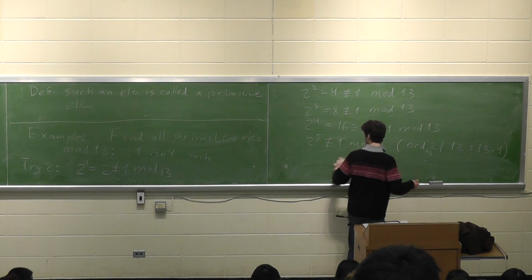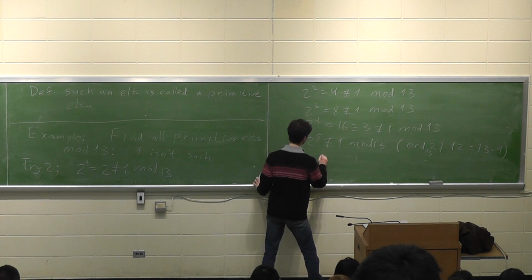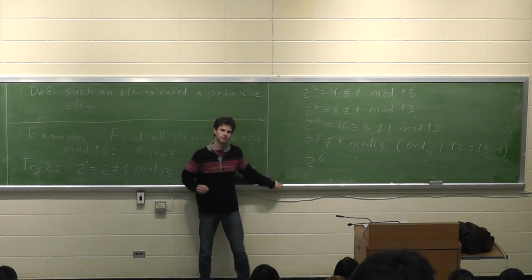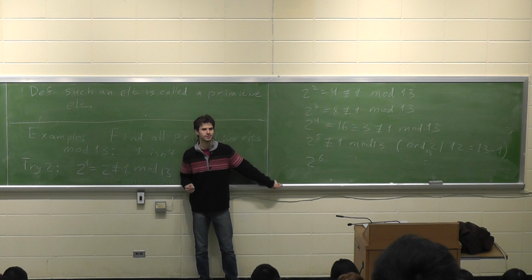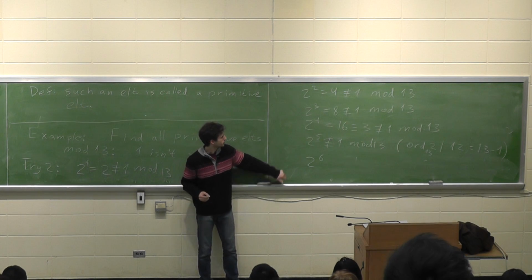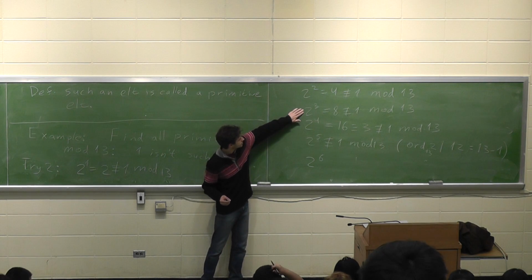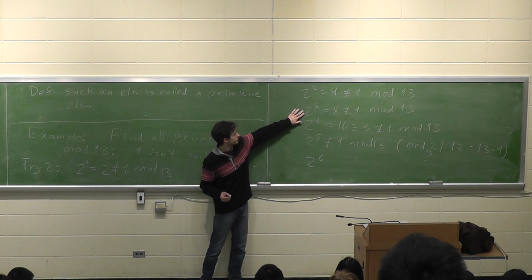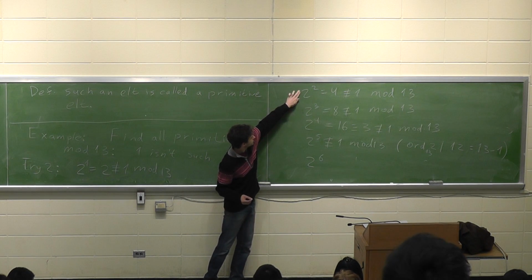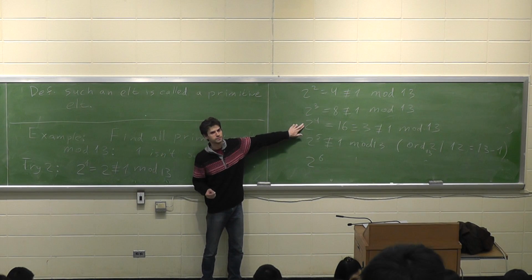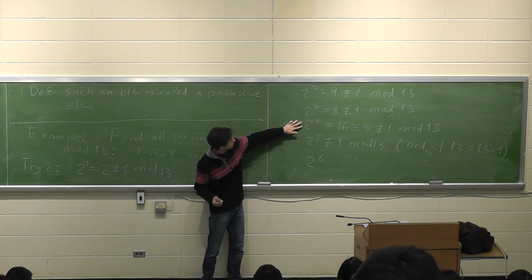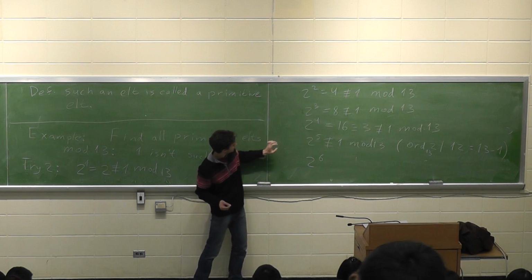Well, 6, we should check. 2 to the power 6. First question is, how do we compute it? One way is to take this thing and square it. Another idea is to multiply these two. Both work, and I guess it's easier to multiply.